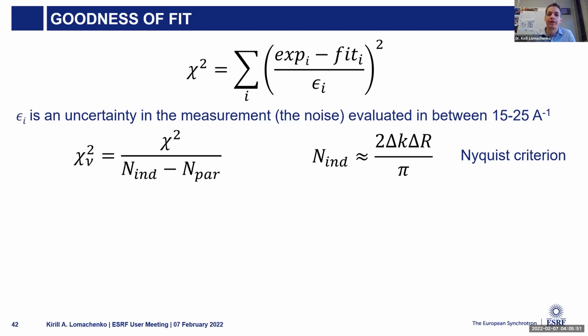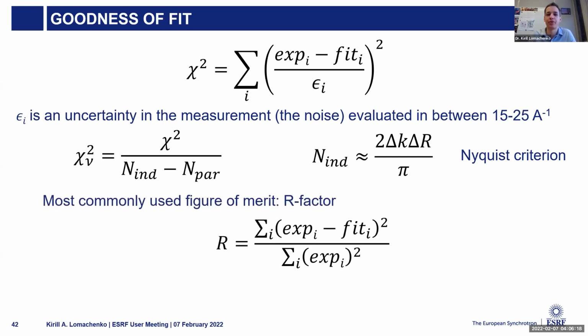Normally the codes that you use for EXAFS fitting give you these values. They calculate the number of independent points, so you can have an idea of whether you're using too many parameters or not. And this number, reduced chi-squared, is actually the figure of merit that is used in the fitting. But what is most commonly reported is the R factor.